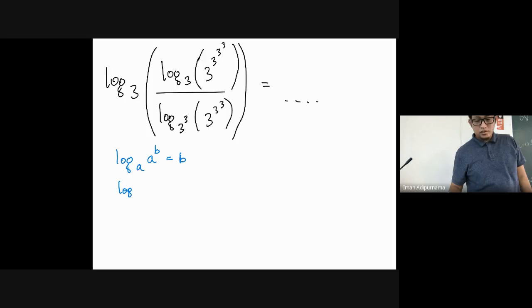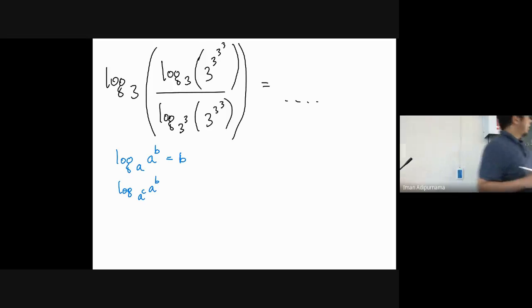If you have log A, let me write this B and C. So if this is A with the power of B, A with the power of C, and it's the same base and result A, it is B over C, okay?